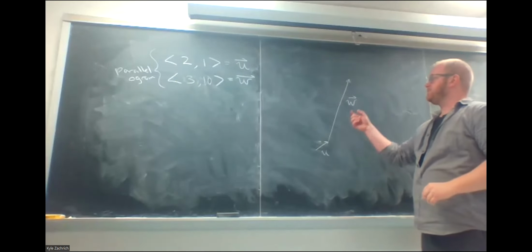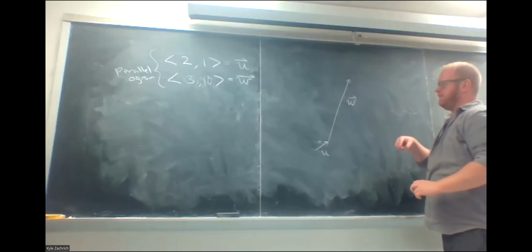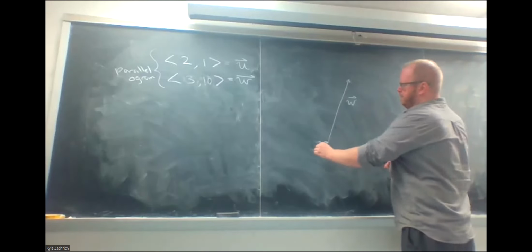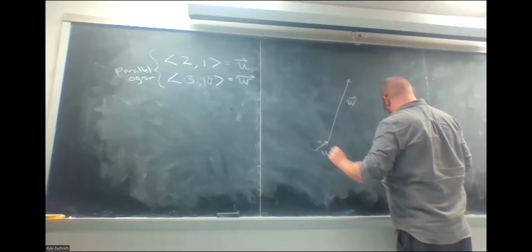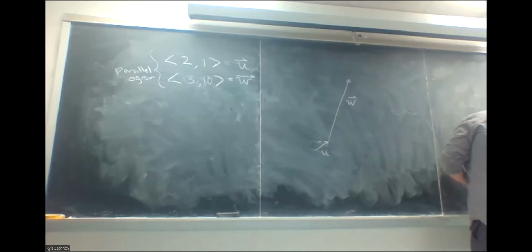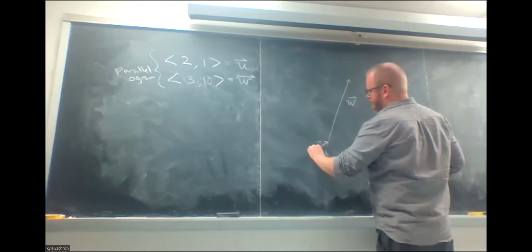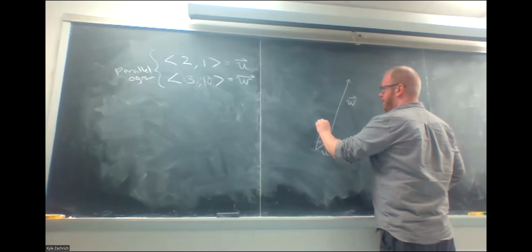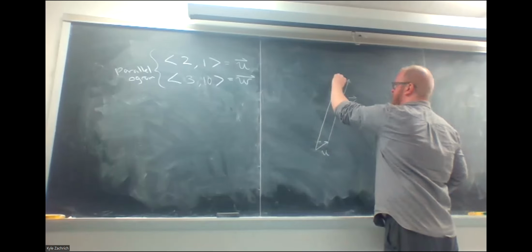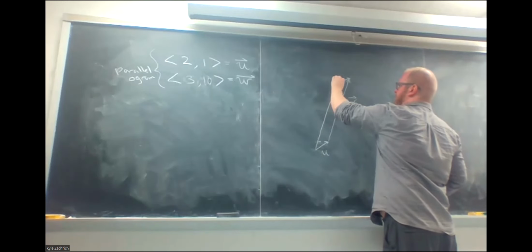So if this is U and this is W, then if you have two vectors, you can create a parallelogram based on that by just copying those two vectors on there.